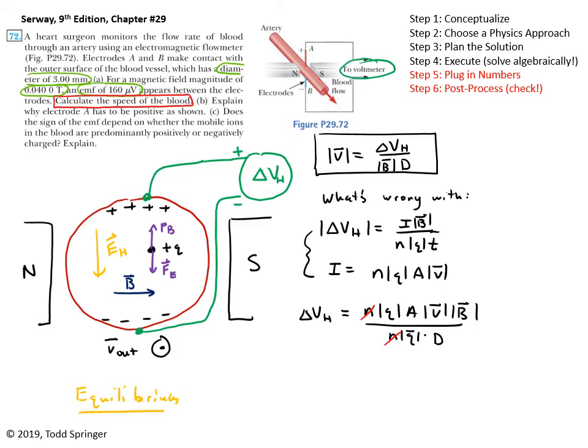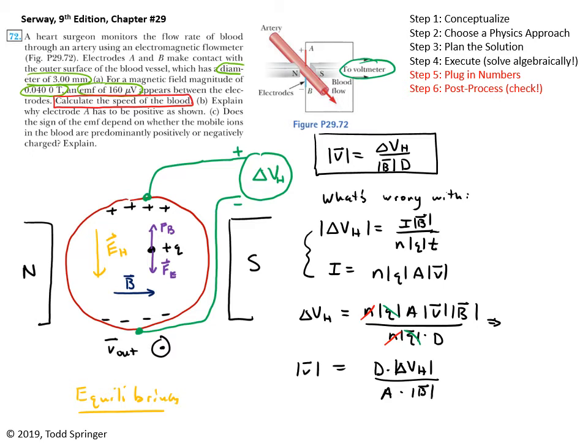Okay, what happens? N's cancel, Q's cancel, and I've got A V B over D. So I've got V is equal to D delta VH divided by A B. Now what is A?